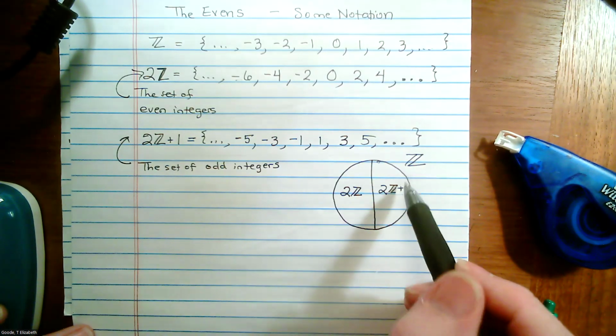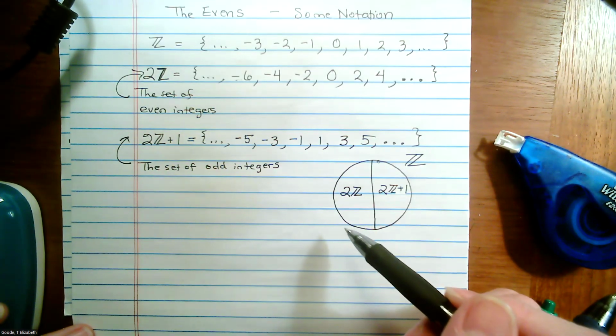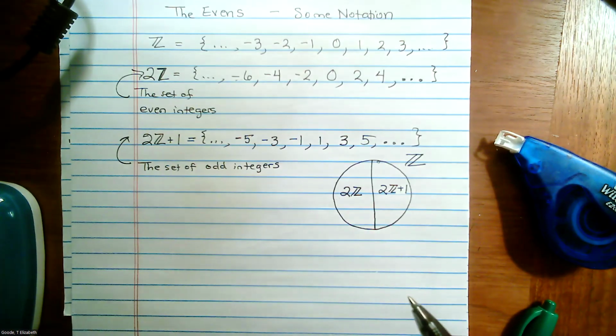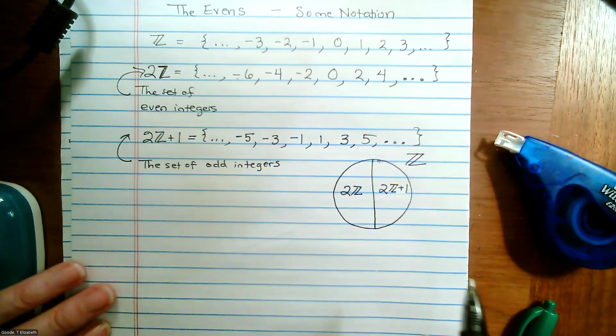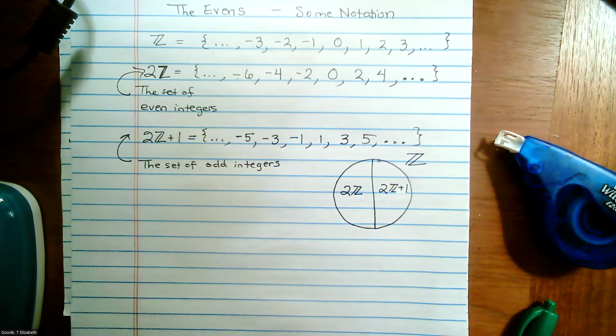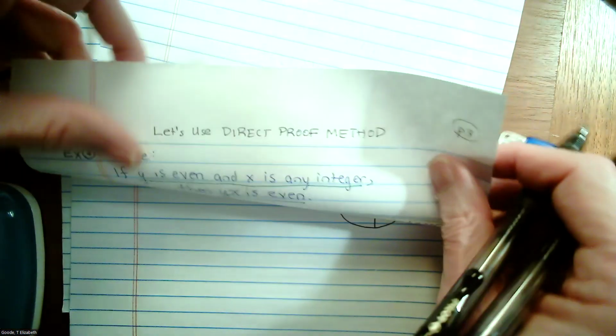And you will get a nice pizza shape where you partition Z into these disjoint subsets based on remainder. And we're going to get into that. It's called congruence mod n. Here, n is 2.